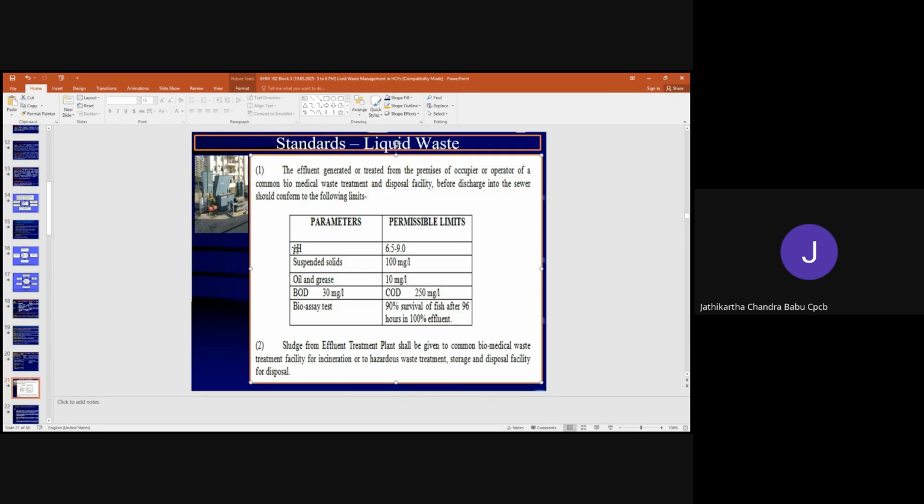By using settling tanks, you can achieve the norms like pH, suspended solids, oil and grease, BOD and COD, but you cannot achieve bioassay. Liquid waste generated from hospitals cannot comply with the requirement of bioassay.